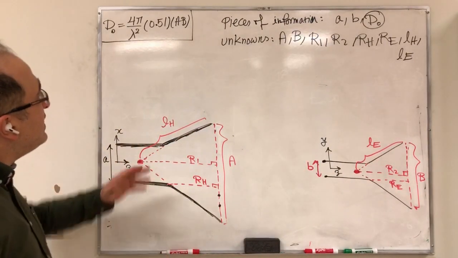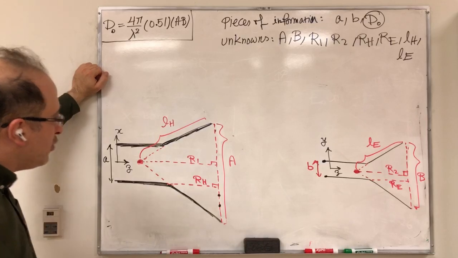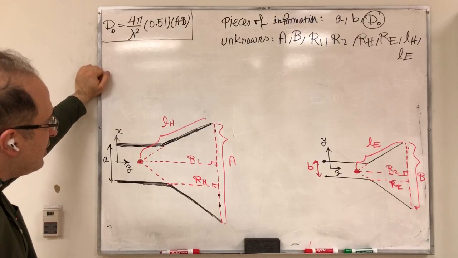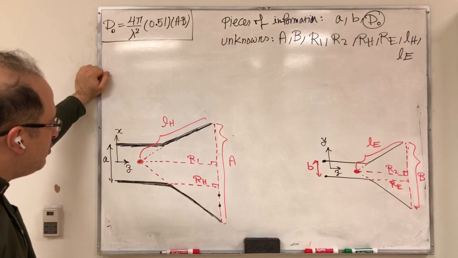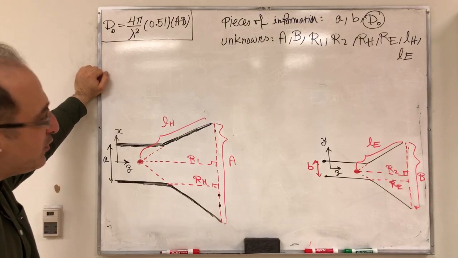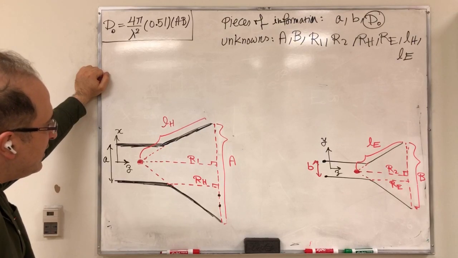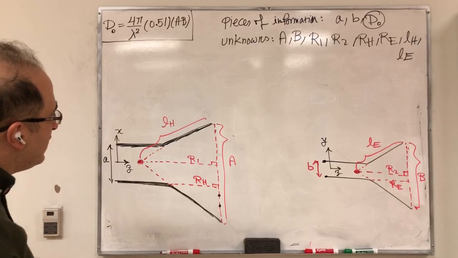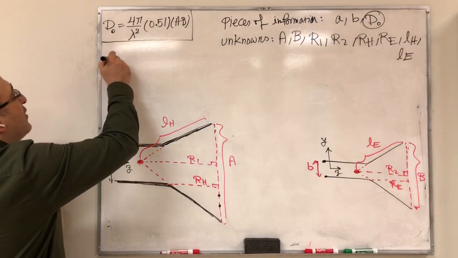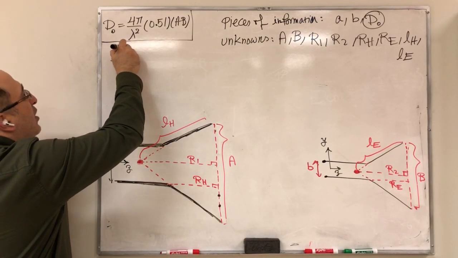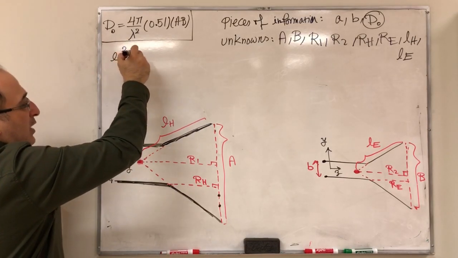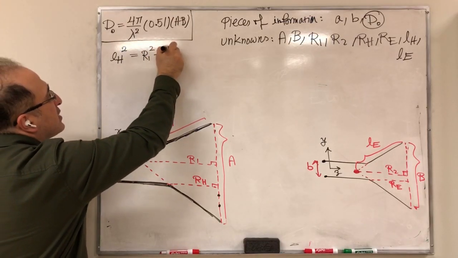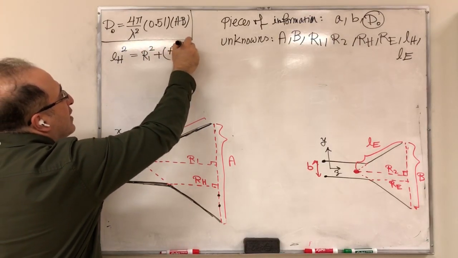So now this is one equation that we have. You might ask, what is the other equation that we might have? The other equation could be based on the geometry, because you can clearly see here that I need to have LH to the power of 2 equal to R1 square plus half of A square.